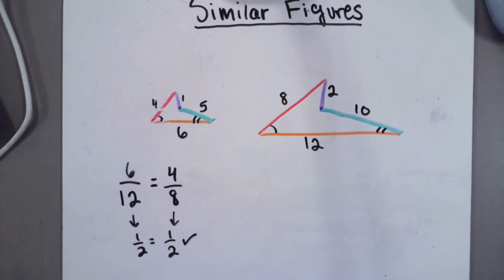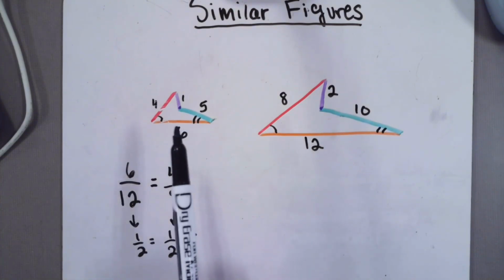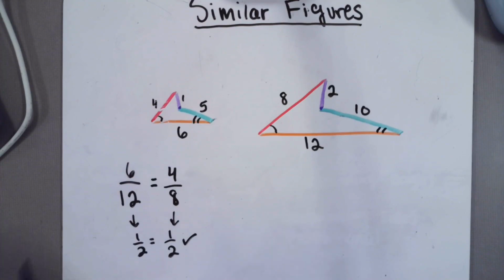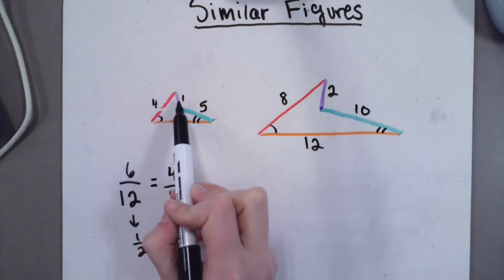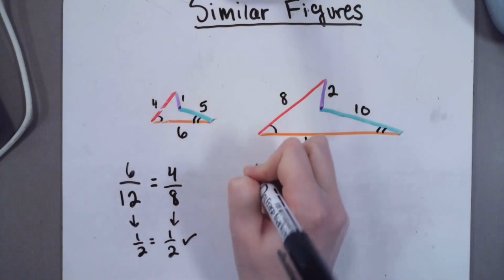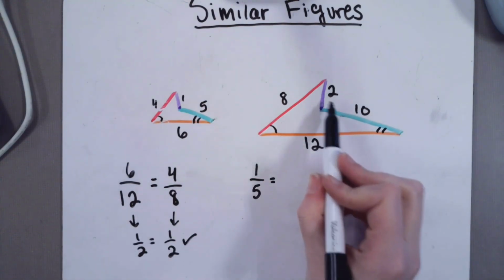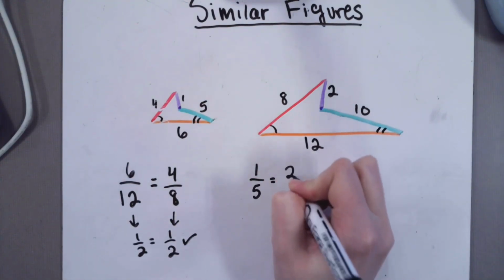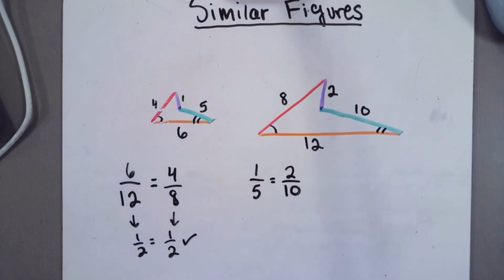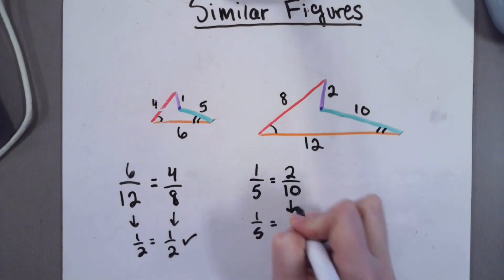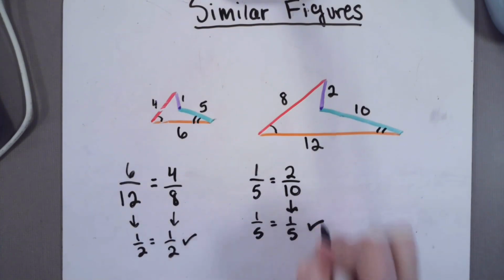Another way that I could set up the proportion is by setting up fractions between sides in the same figure. So for example, I could set up purple over green in the small figure is equal to purple over green in the big figure. And then again, I would want to make sure that those fractions are actually equal. I know that 2/10 simplifies to 1/5, so yes, these are equal.